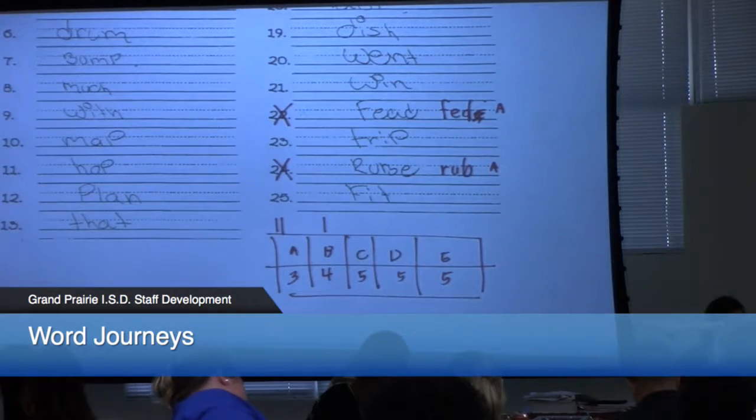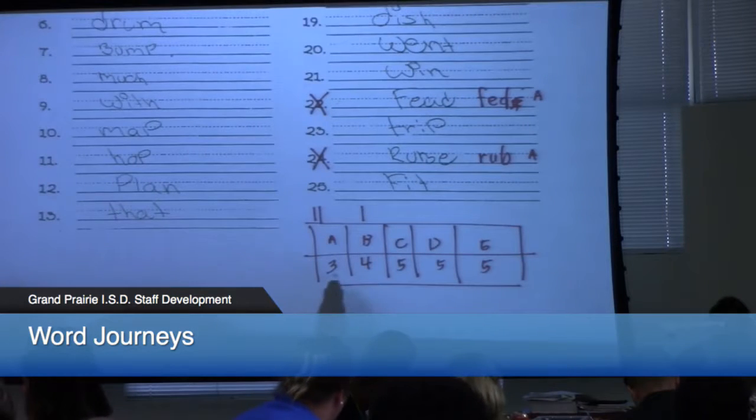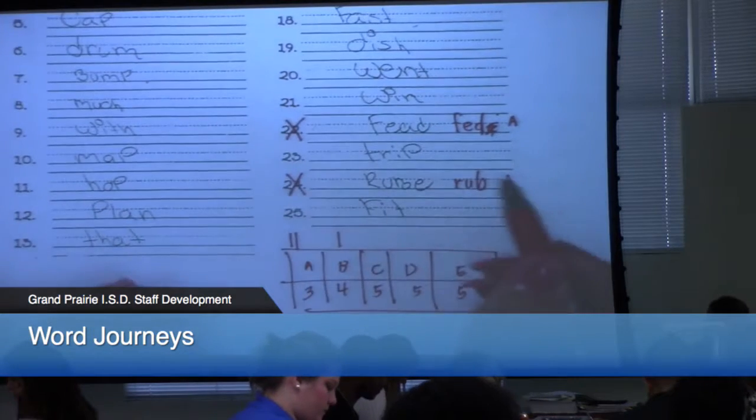Okay, so now second step is check. Here's a 3. Does Amelia Bedelia need me to help her with the way that words start out? So let's look at fed.